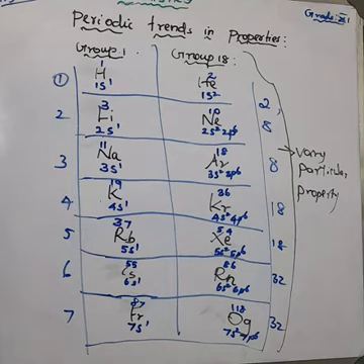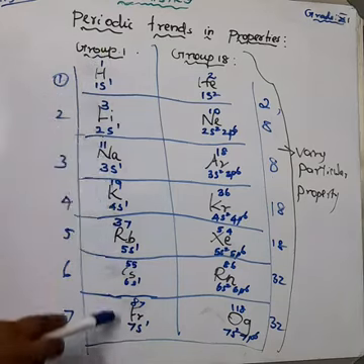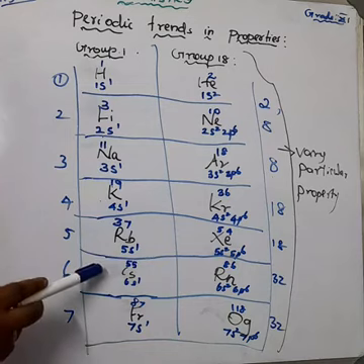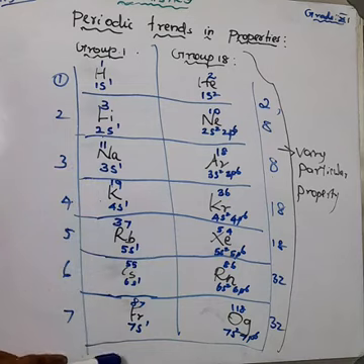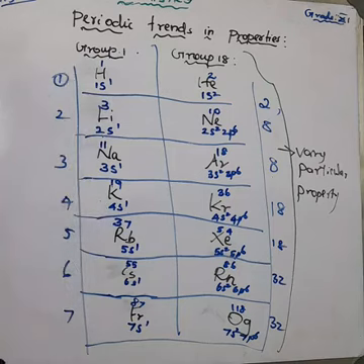This is the group. From hydrogen to francium, the atomic number increases, but all these elements have similar outer electronic configuration.